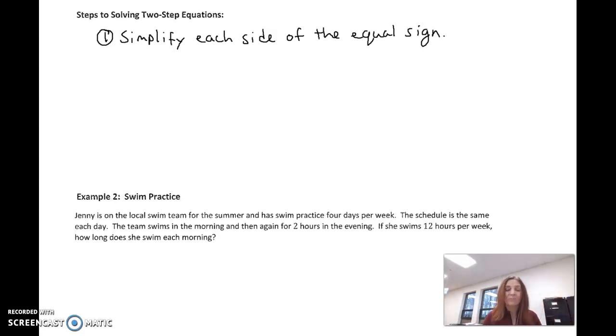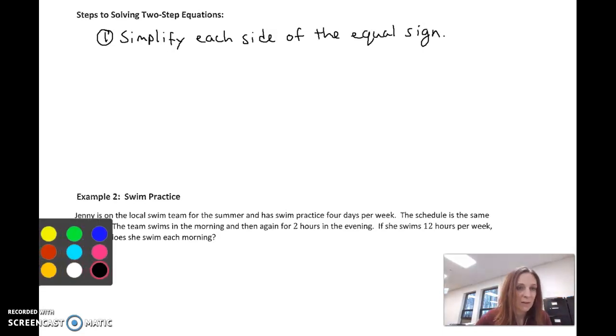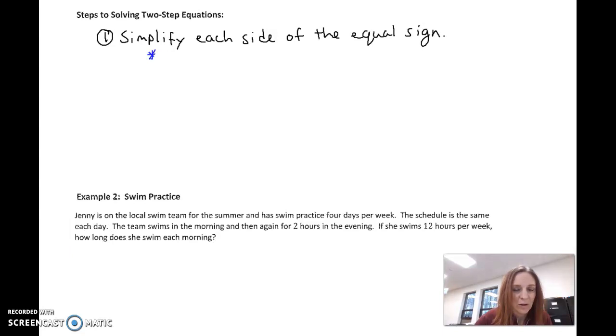We need to simplify it using our distributive property or gathering like terms, okay? And maybe I'll put that little note under there. Distributive property. Adding like terms.